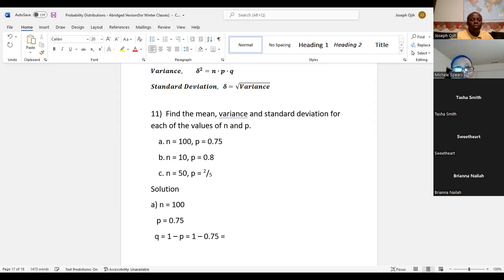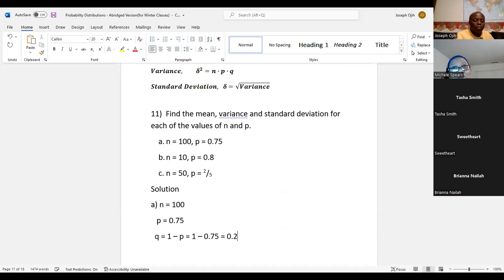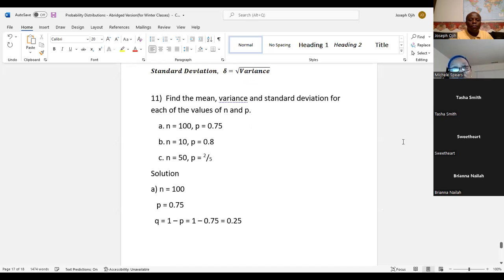If you do this in the calculator, 1 minus 0.75 is 0.25. Now, you have to find the mean, variance, and standard deviation.